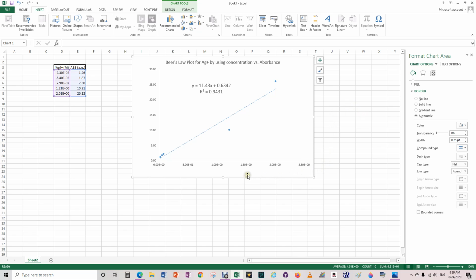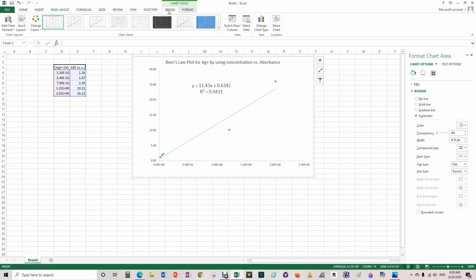And now we're going to fix the axis a little bit. Usually we go to design, add a chart element. So let's say axis title, horizontal, will be concentration, and don't forget the unit, molarity.